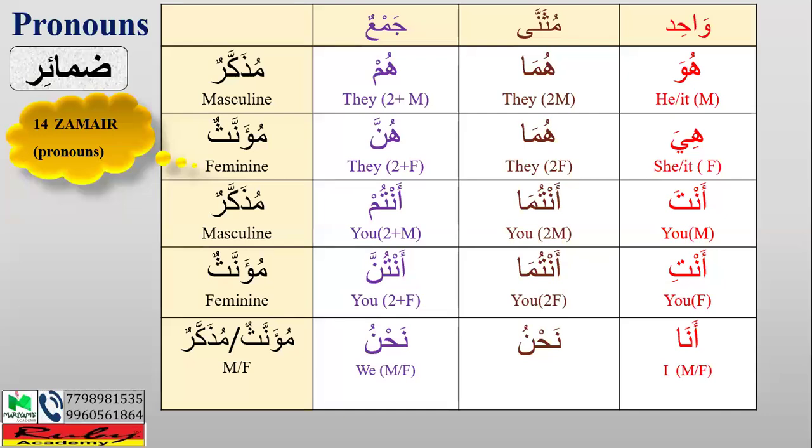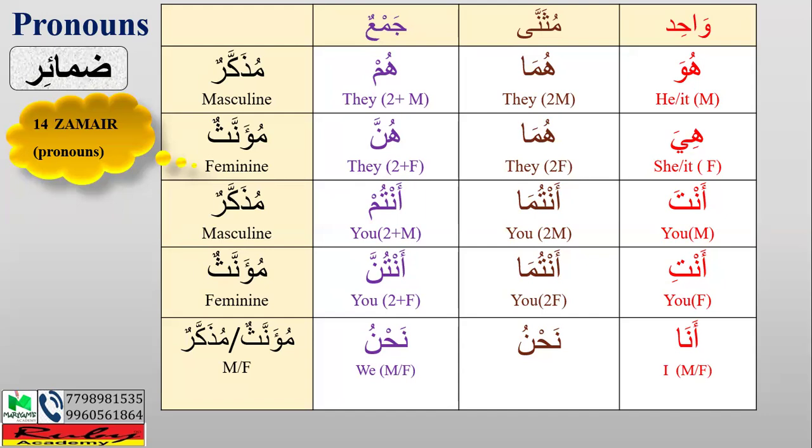Now you take your right hand and point out one finger, anti; two fingers, antuma; more than two fingers, antunna. And then point out yourself, singular, ana, and more than two fingers you consider nahnu.